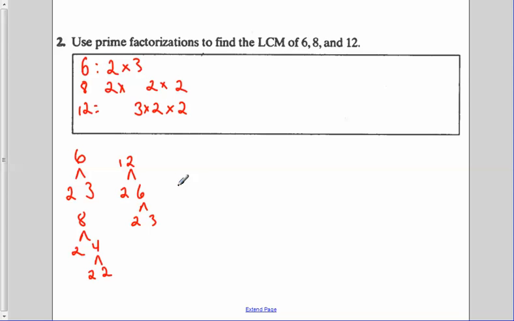So if I list out what I'm multiplying together, well, the LCM is the common factors times all other factors.